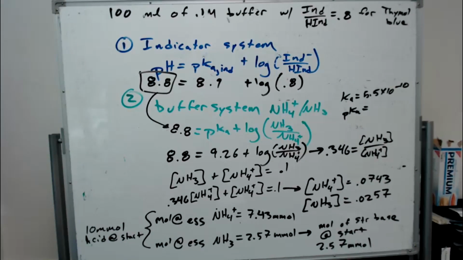So we can use the moles of strong base at the start and the moles of acid at the start to essentially do our stoichiometry. We take the moles of acid at the start, multiply by the molecular weight. That will give us the grams of ammonium chloride we want to start with. We take our 2.57 millimoles of strong base. What concentration of strong base? 1 molar, so that's going to be the number of milliliters, 2.57 milliliters. For my problem, you should get something different for your problem.